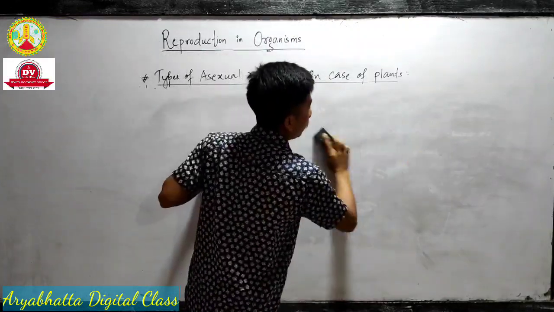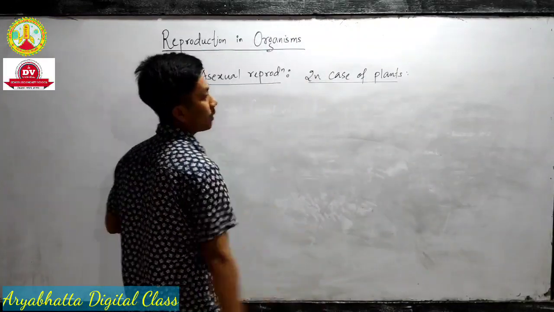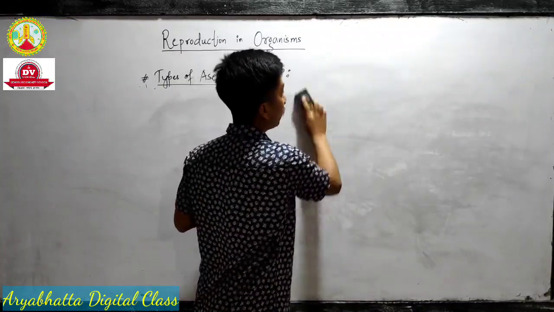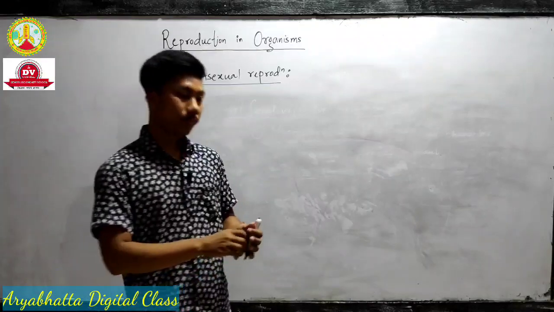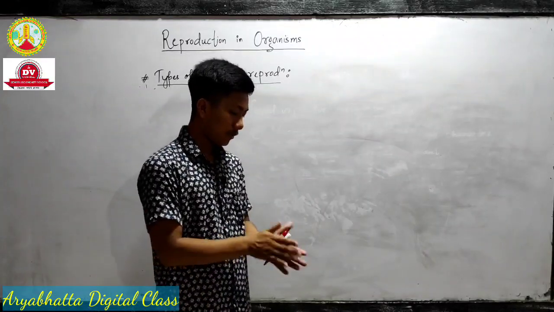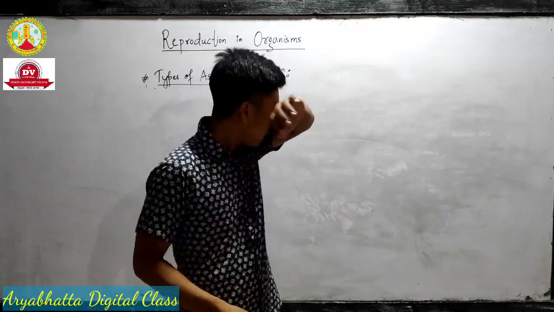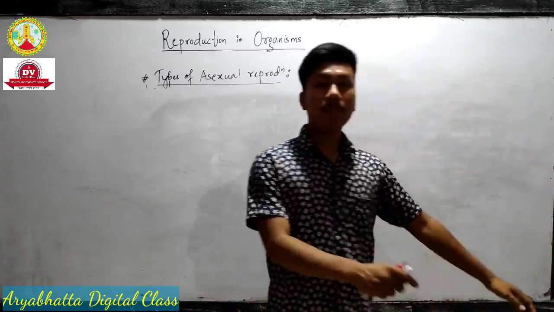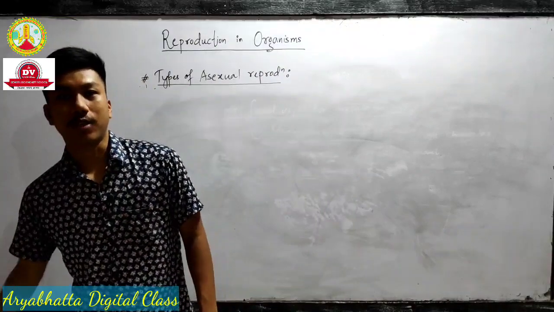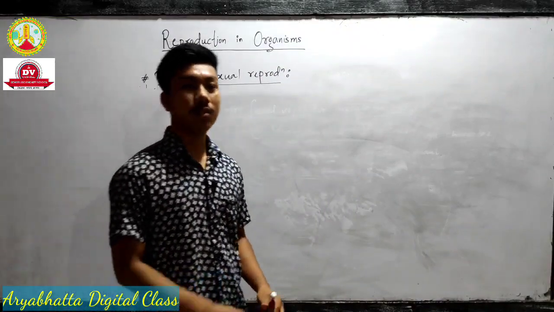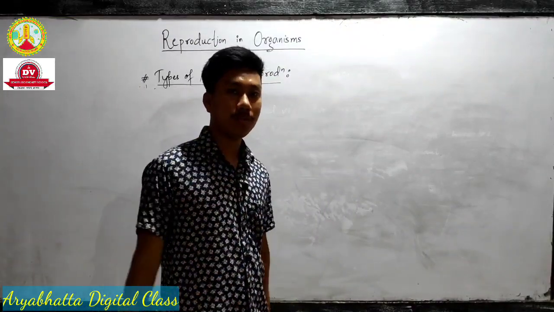We have seen asexual reproduction in animals and in plants, and then artificial reproduction. Next we will discuss the events of sexual reproduction. In this chapter we will just talk about the basic things of sexual reproduction.